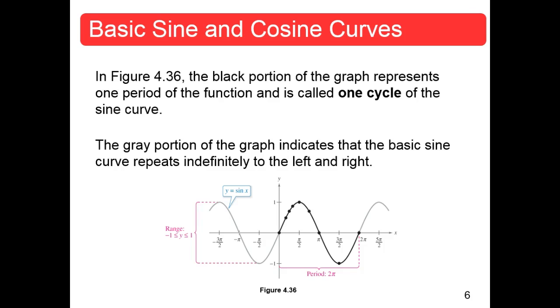It goes through this, and then it repeats itself, and then it repeats itself, and going this way, it repeats itself again and again. That's the sine curve. Okay? Now, the gray portion indicates that that basic sine curve repeats itself infinitely to the left and infinitely to the right. Here are the characteristics of the sine curve when you look at it.